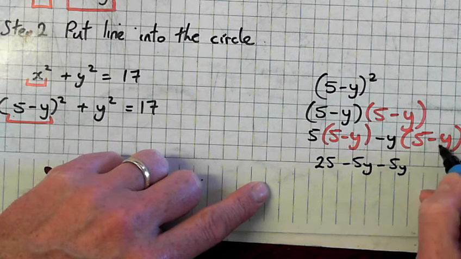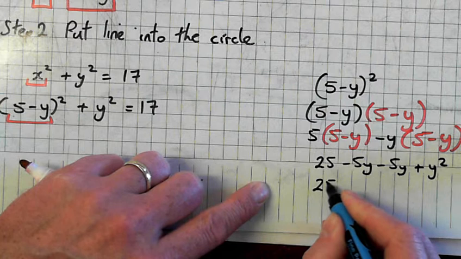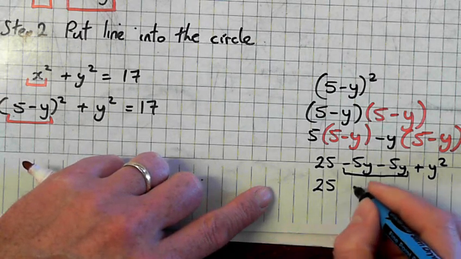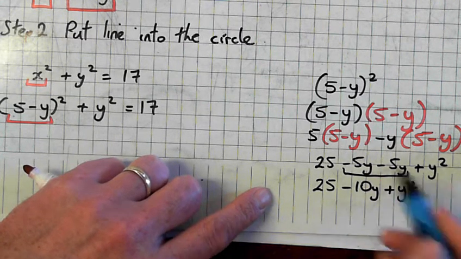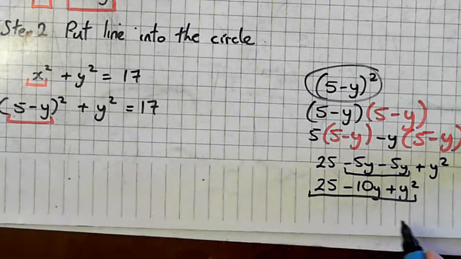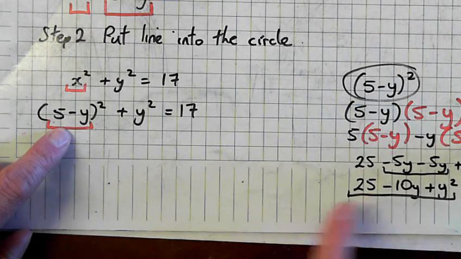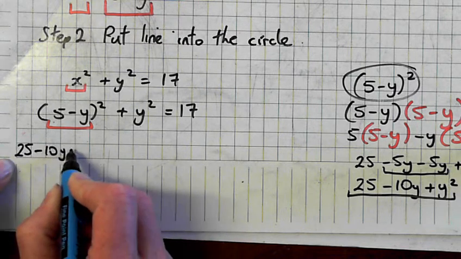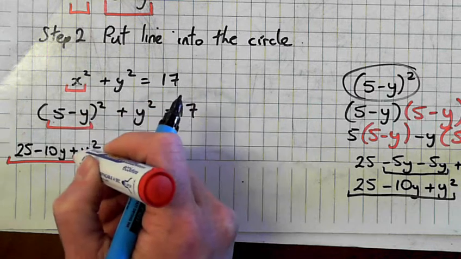And minus y times minus y is plus y squared. Now you've got 25. Add these two. Minus 5y minus 5y is minus 10y plus y squared. Alright, so all of that squared is this. So I'm going to replace this with this. Right, so that is equal to that.